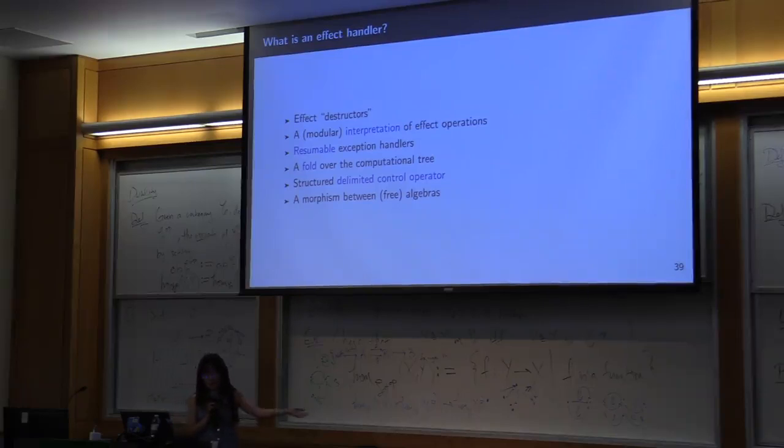So if you have an exception, then sometimes maybe you don't want to just fail, but you want to resume the original computation with some default value, for example. Or you can also consider it as a fold over the computational tree. Or if you have heard about the word delimited control operators, people consider effect handlers as structured delimited control operators. We'll get to the point about delimited continuation soon.